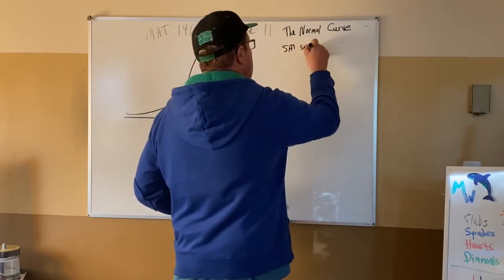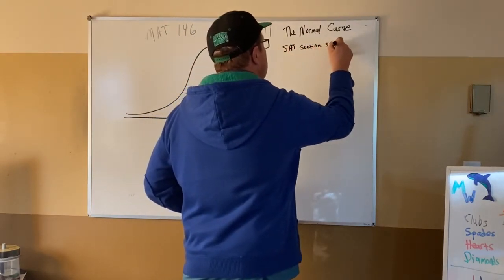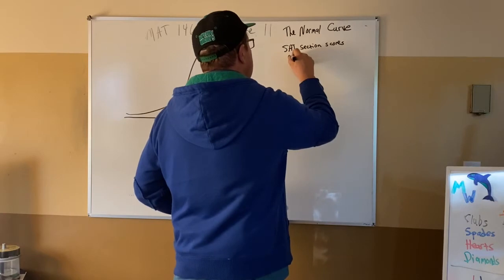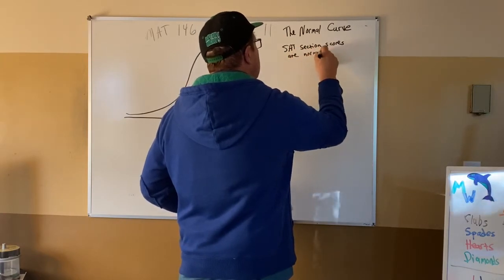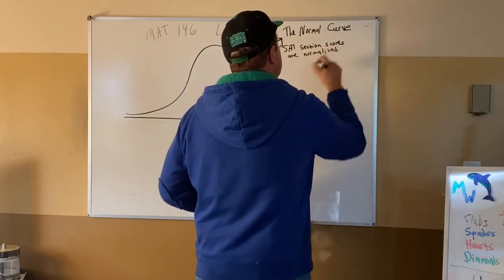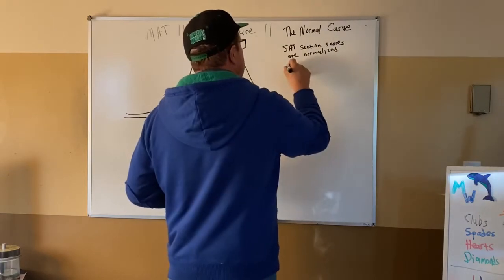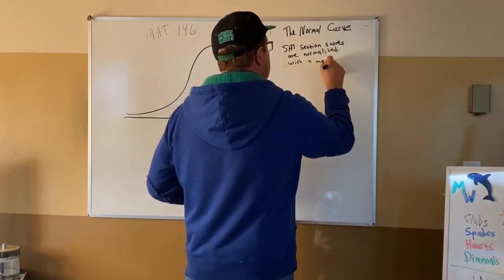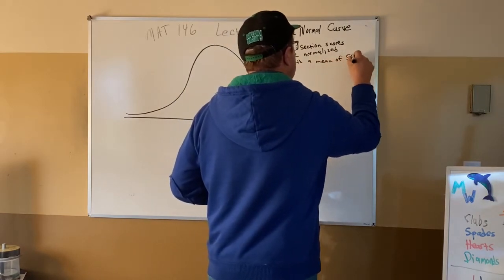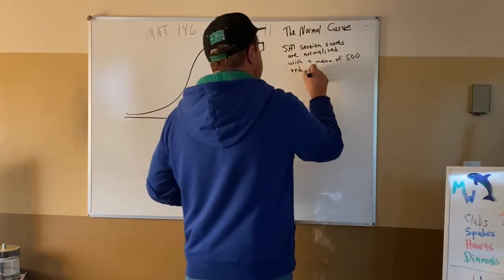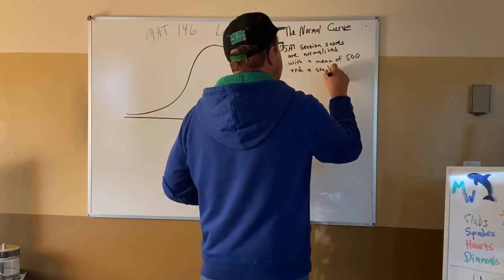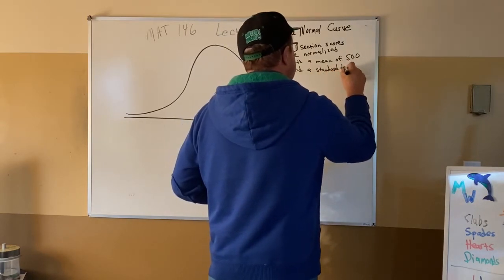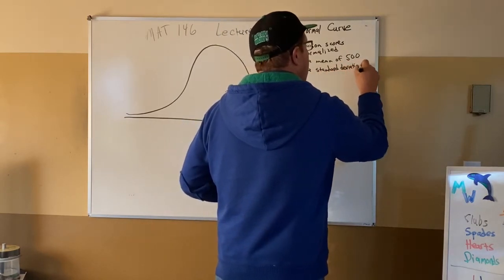SAT section scores are supposed to be normal. So they say they're normalized with a mean of 500 and a standard deviation of 100.